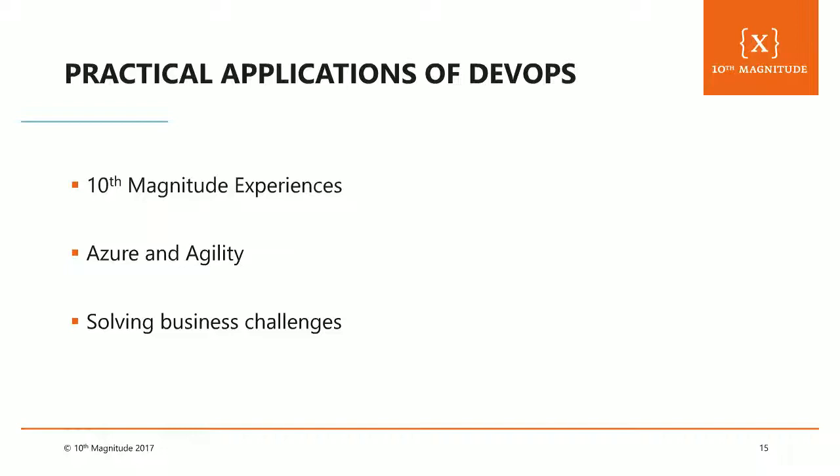And so I'm going to speak a little bit from my experience. While I work with 10th Magnitude now as a cloud solution architect, I've also been a customer of 10th Magnitude in the past, and I've worked in helping software companies manage the delivery of their products.